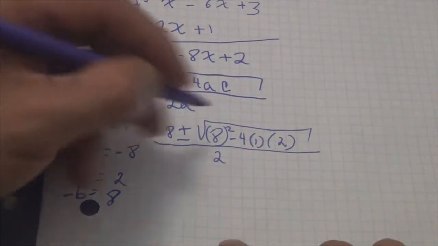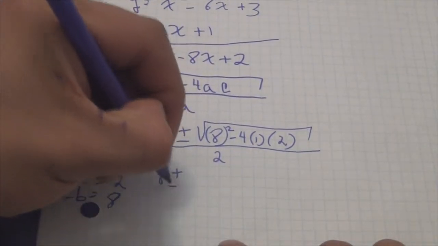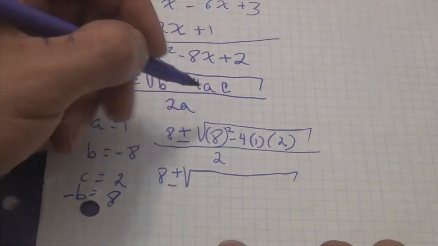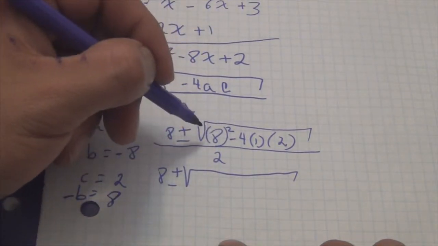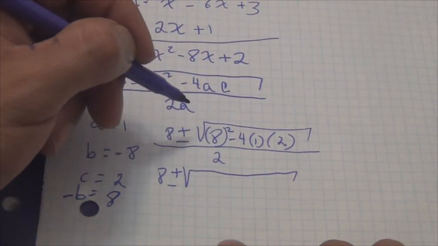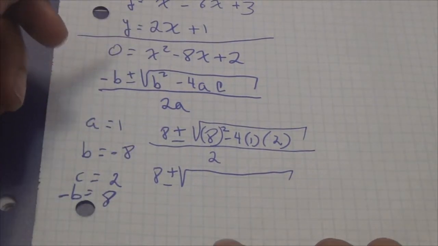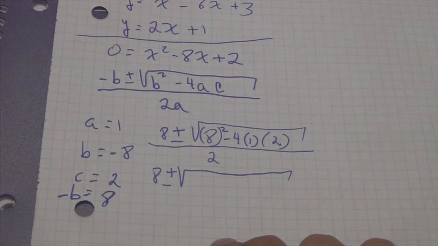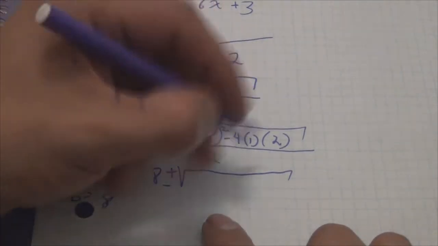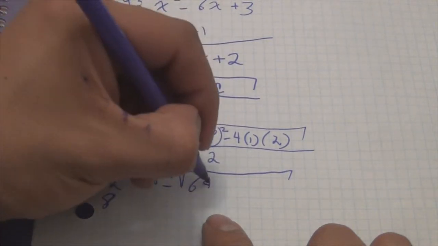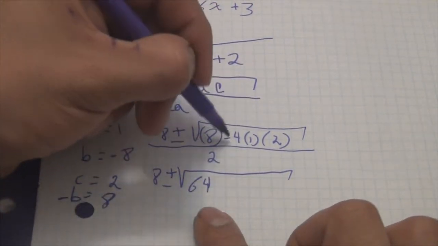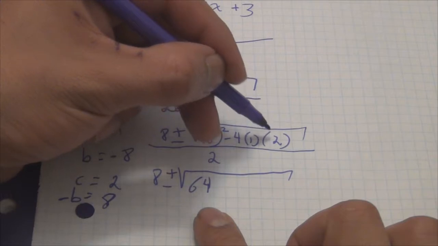So let's see now. This is 8 plus or minus. Wait, hold on a second. Oh my God, I made a mistake. Well, doesn't matter. So 8 squared is 64. This is actually nice. Now negative times positive is negative.